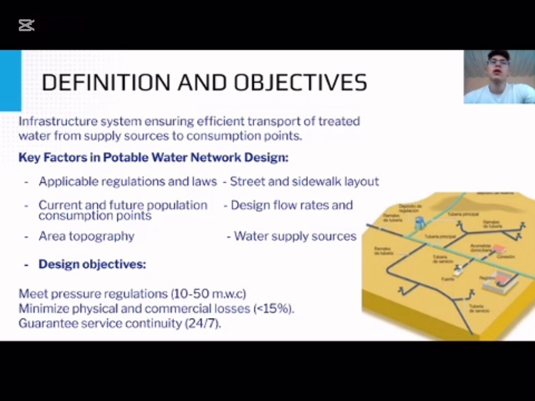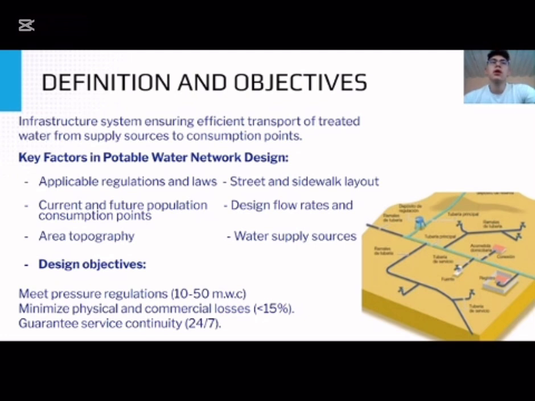When designing drinking water networks, engineers must first consider several factors, such as the regulation and legislation to follow, current and future population to be served, layout of streets and sidewalks for pipe routing, design flows and consumption points, topography of the area, and water supply points.